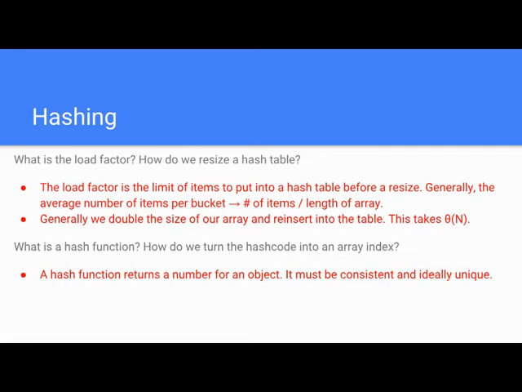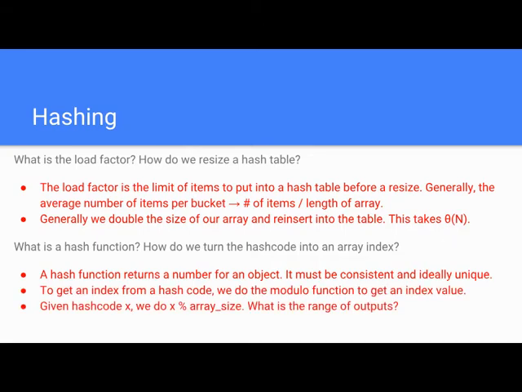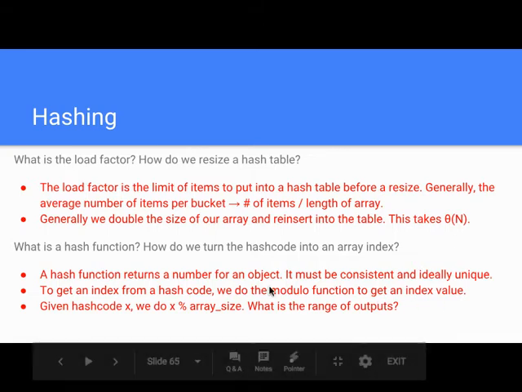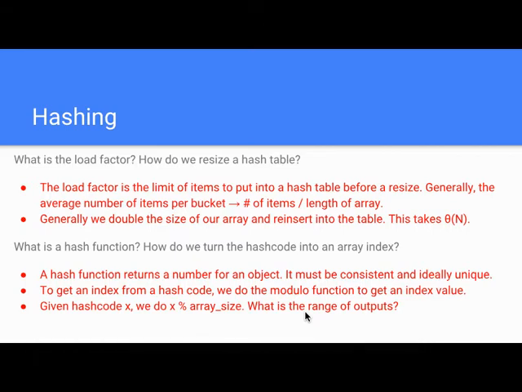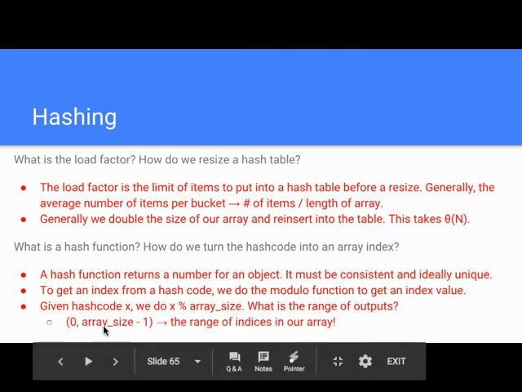Then we have to turn our hash code into an array index. We do this by using the modulo function. Given a hash code x, we compute x modulo array size, and this output corresponds to the indices of our array. The range of outputs is from 0 to array size minus 1.